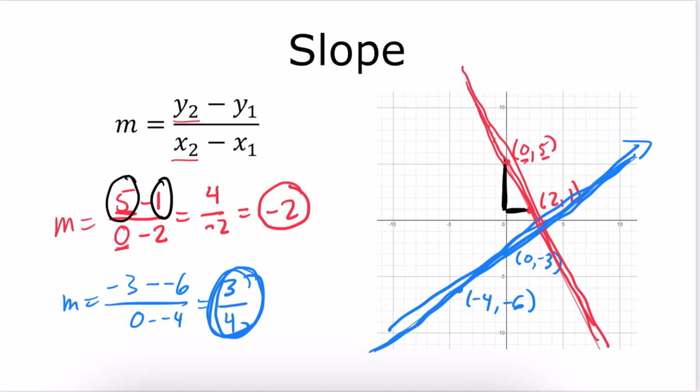But if you have just a little bit of elevation change for a lot of horizontal trail distance, then your trail is not going to be very steep. And so it's the ratio of how much you go up and down compared to how much you go side to side that defines how steep your line is, which is what the slope describes as a number.